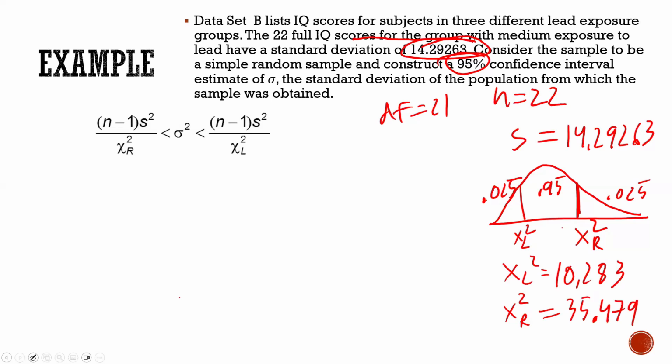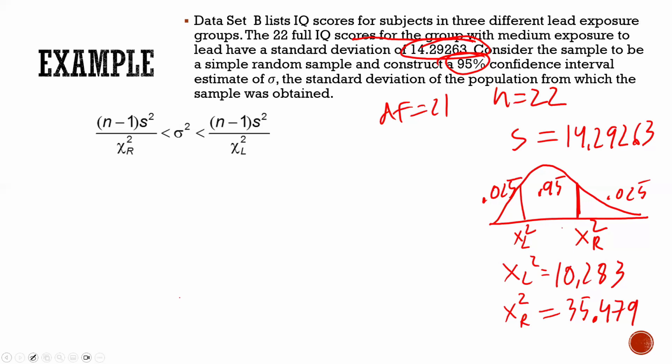David, what was the weird thing in this formula about the chi-squareds? They're inverted: the chi-squared R is on the left and the chi-squared L is on the right. Why is that, Regina? Which one's bigger, R or L?